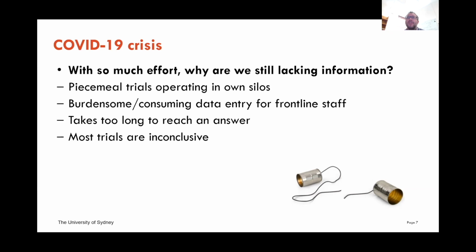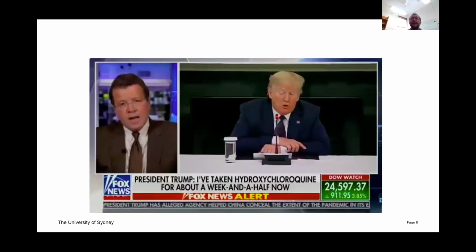Typically, it takes a long time to be able to reach an answer. Many of the trials, in fact, most trials that are conducted are inconclusive at the end of the day and don't actually result in any outcomes that can be implemented in practice one way or the other. And so what we have is an information void, and we have practice that is occurring within this information void.